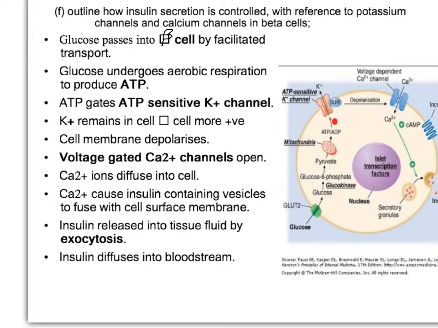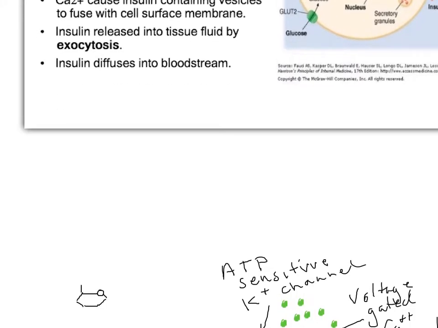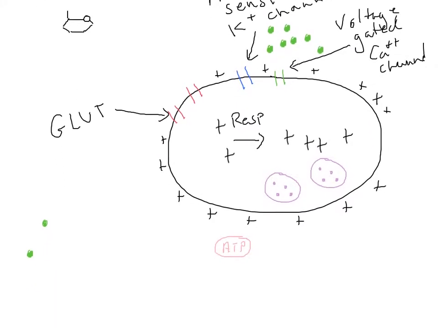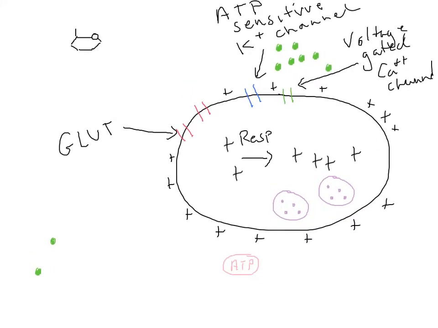Okay, and the insulin is now in the tissue fluid, which then drains into the venous system and also the lymphatic system, and gets into the circulatory system and can be circulated around the body. Okay, so it's quite complicated. I've got a very crude little homemade animation below, which will hopefully help you understand this.